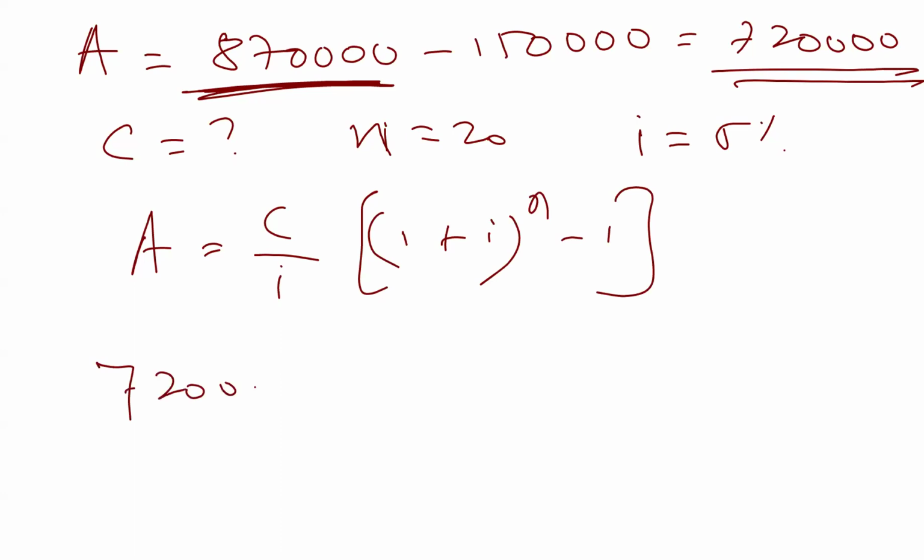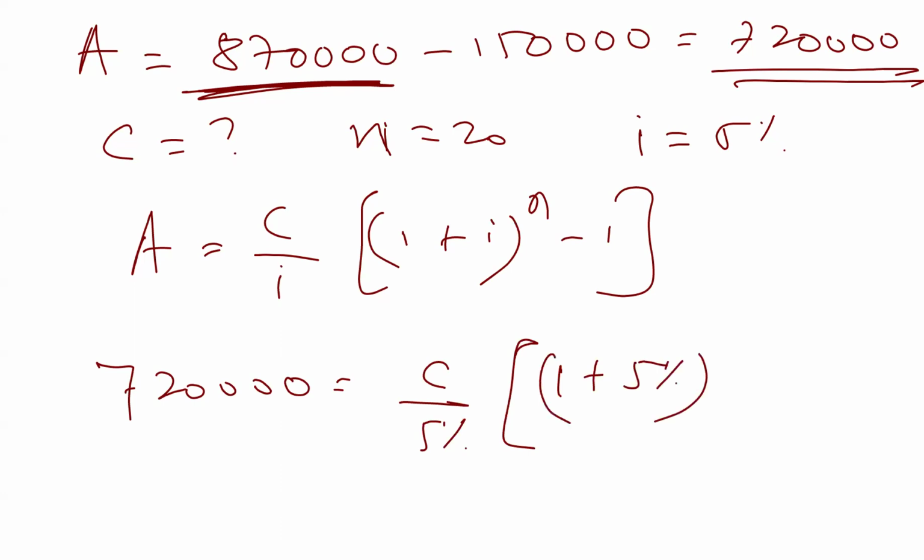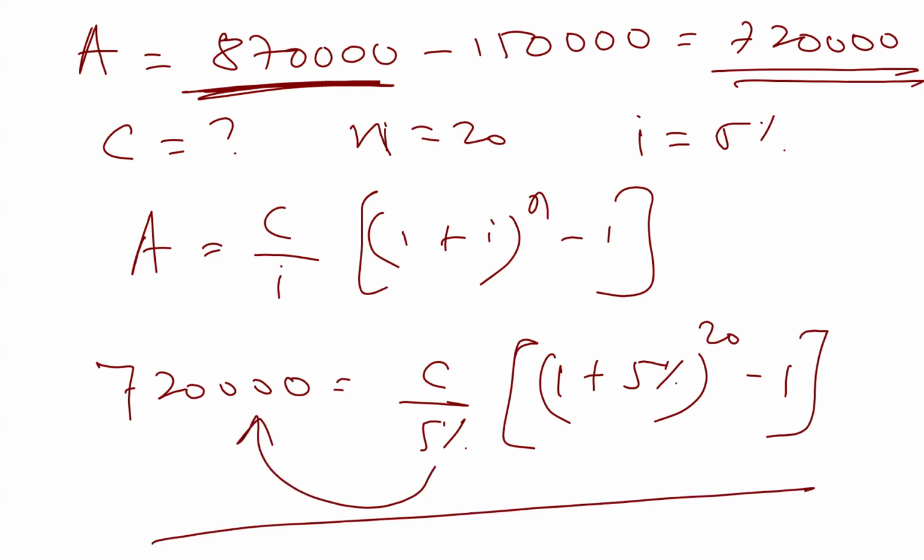A is equal to 7,20,000, C upon 5%, 1 plus 5% raised to n, that is 20, minus 1. So you can cross multiply the 5% over here. And this situation we have come across a good number of times earlier as well. So from this you can get the value of C which is required. Okay, thank you.